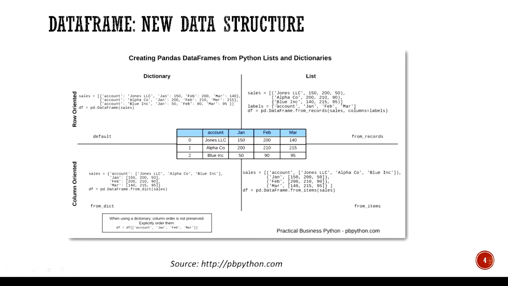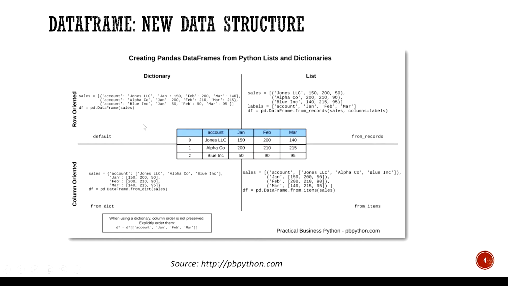And for the list, you see 2 variables: sales, which is a list, and all records are saved in that list. And you also have another variable named labels, which represents the column names or headers.